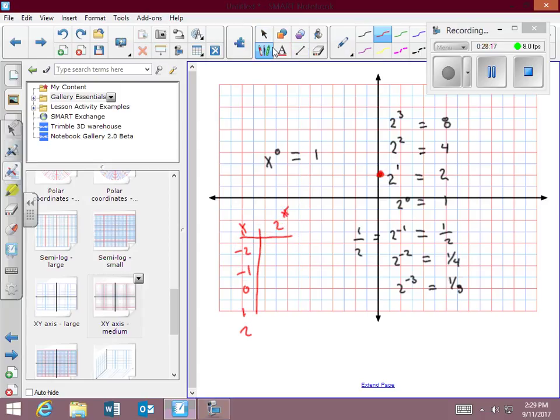Then 1/2, then 1 at 0, 2, and 4. So when you go back this way, it's 1/2, 1/4. And then at 1, it's 2, and at 2, it's 4.